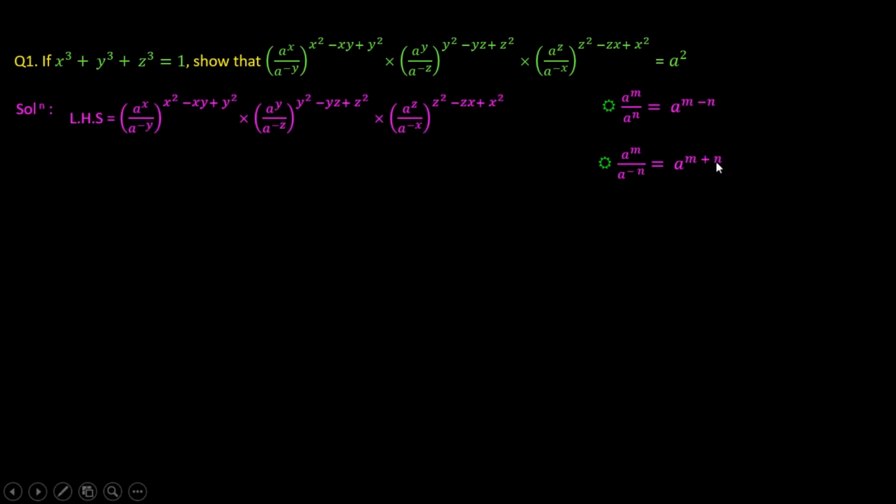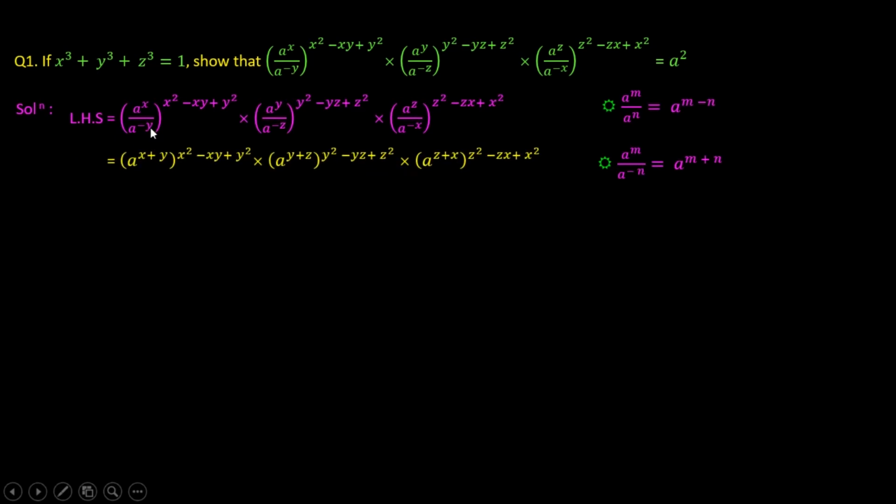So we have to just change the sign of the power of the denominator when we take it on the numerator. Okay, so we are using this formula here on these three, and now it is seen like this.